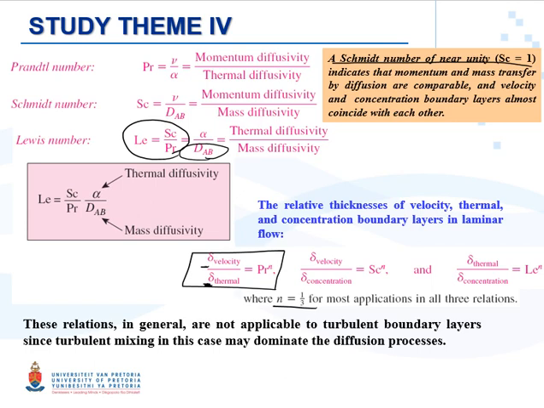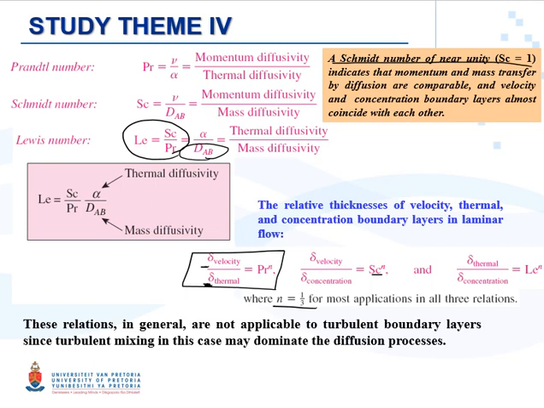Similarly, the thickness of the velocity boundary layer divided by the thickness of the concentration boundary layer for mass convection should be related to the Schmidt number, because the Schmidt number plays the same role as the Prandtl number in convection heat transfer. So it is Schmidt to the power of n, and n again is equal to 0.3334 for the majority of applications.